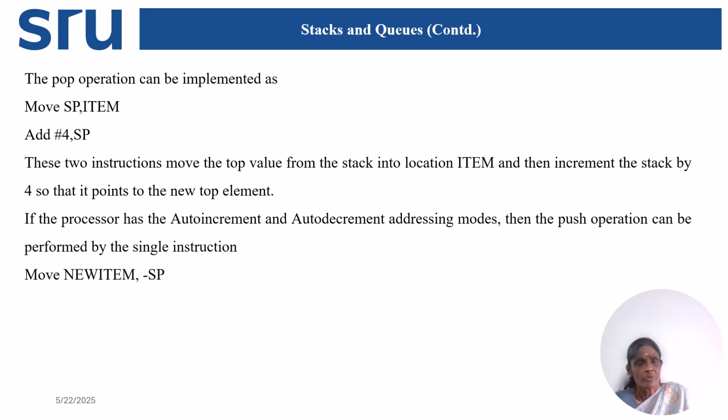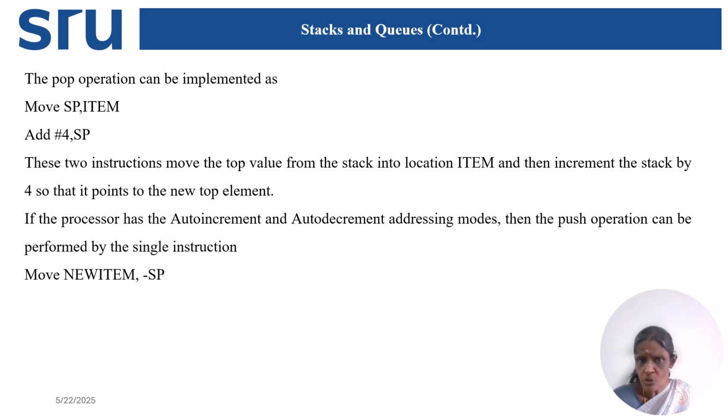So if we are adding, push is move new item, minus SP, because the address is decreasing. The pop operation can be implemented as move SP item, move stack pointer item, then add 4, so the SP count will be added by 4.